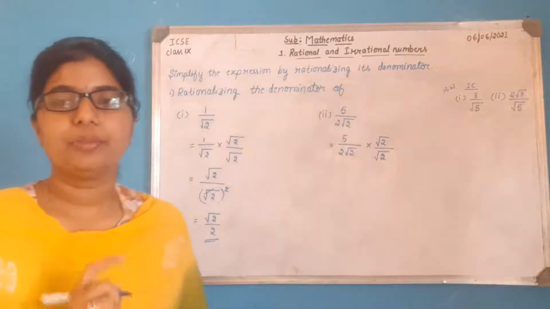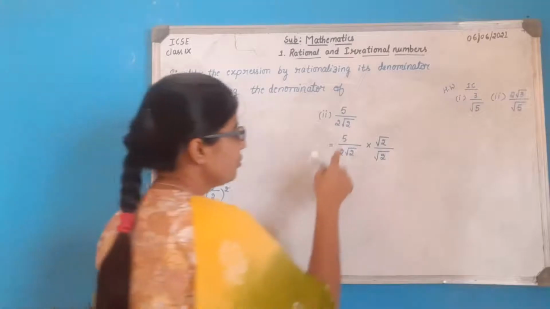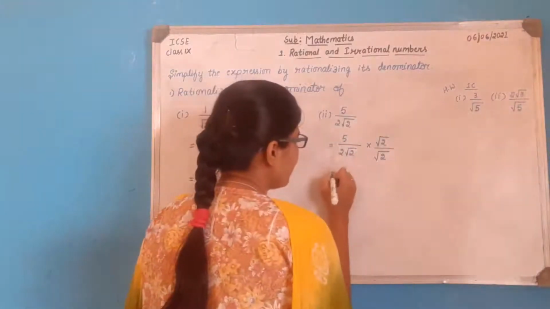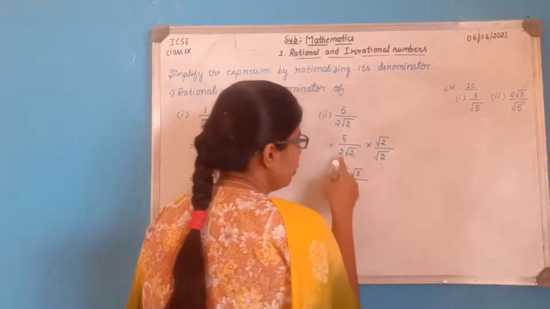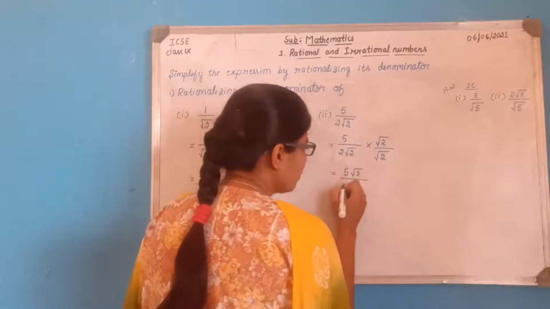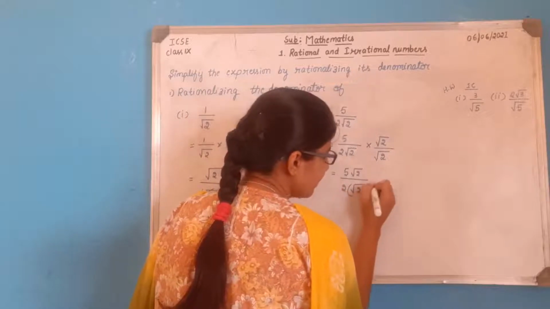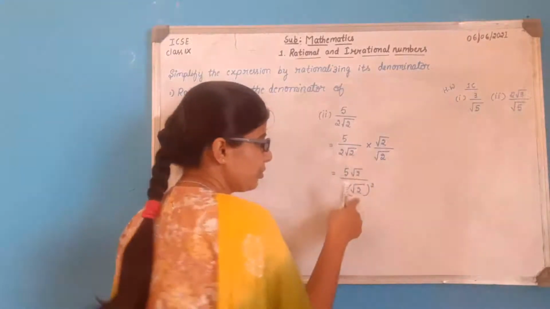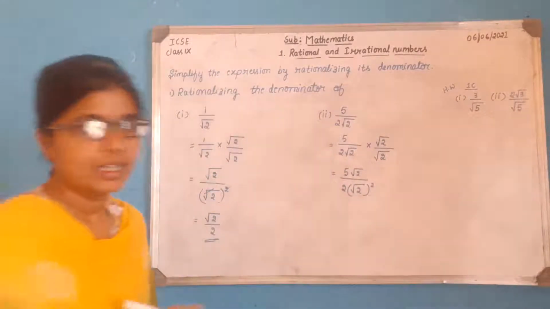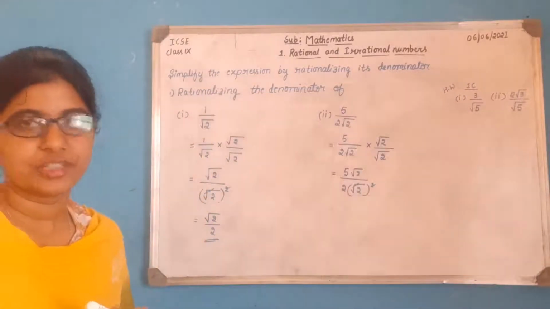Right, multiply numerator with numerator and denominator with denominator. Now observe, 5 into root 2 is 5 root 2, divided by 2 root 2 into root 2, that is 2 root 2 whole square. So the 2 remains as it is, and root 2 into root 2 is root 2 whole square. Now the 2 and the square root will cancel with each other.